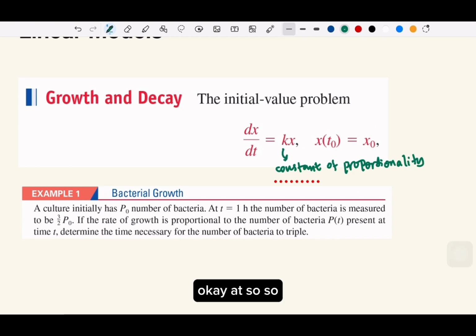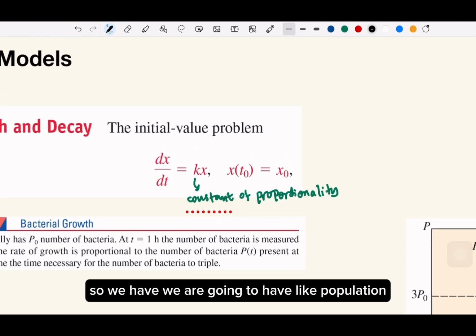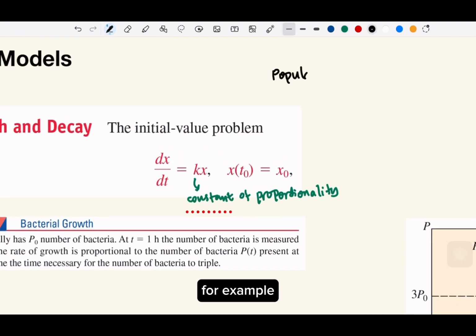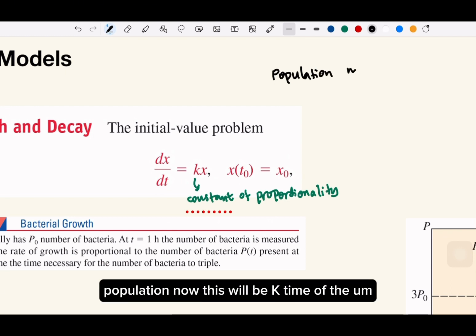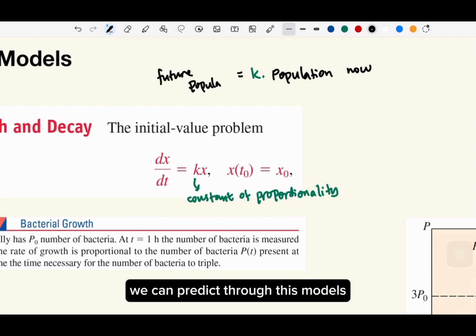So we are going to have, for example, population now. This will be k times the population, so our future population we can predict through these models.